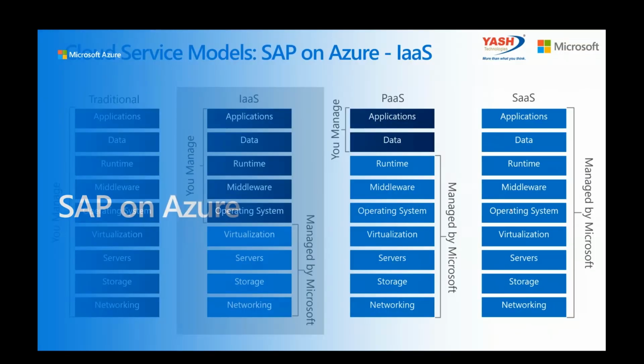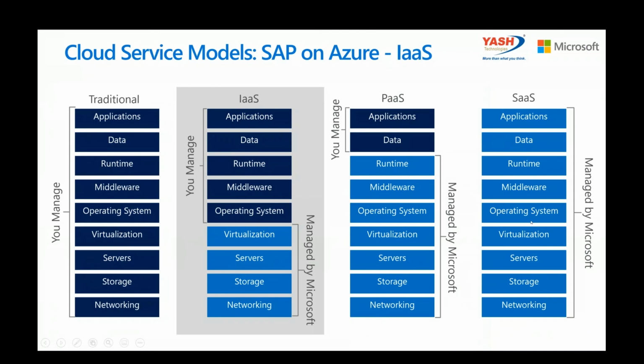So just to level set everyone on what we mean by SAP on Azure. This conversation is really one of infrastructure as a service. So traditionally, on the total left-hand side here, you can take that as on-premises, you would be managing every layer that you can see here on the slide. When you transition to a cloud model, at least in the beginning, the key benefit is how some of these layers are actually outsourced to the cloud provider.